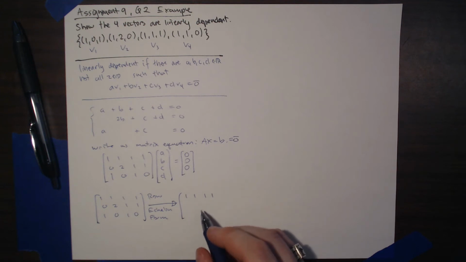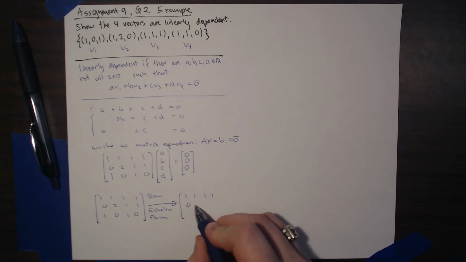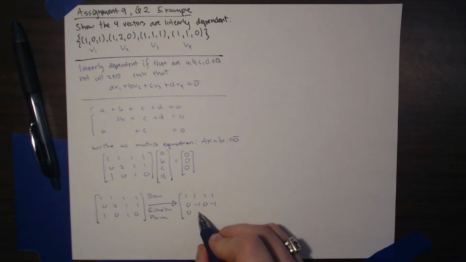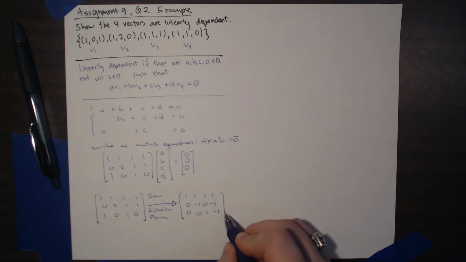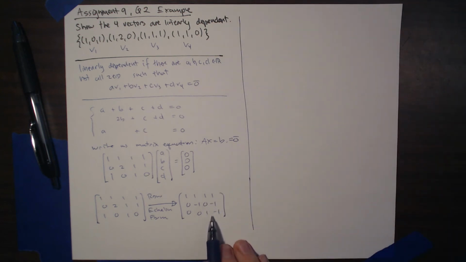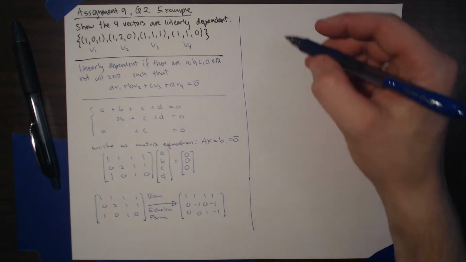The second row is 0, negative 1, 0, negative 1, and the third row is 0, 0, 1, negative 1. Now, looking at this is going to tell us that c minus d is equal to 0, and so on, which gives us that d is a free variable.